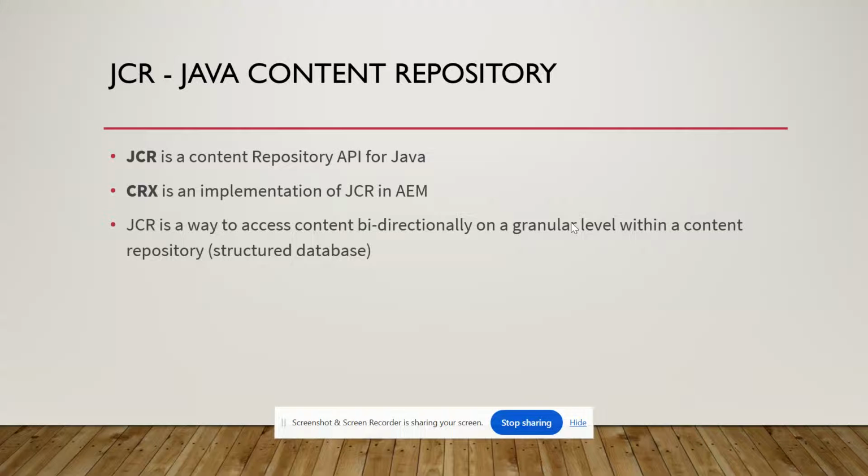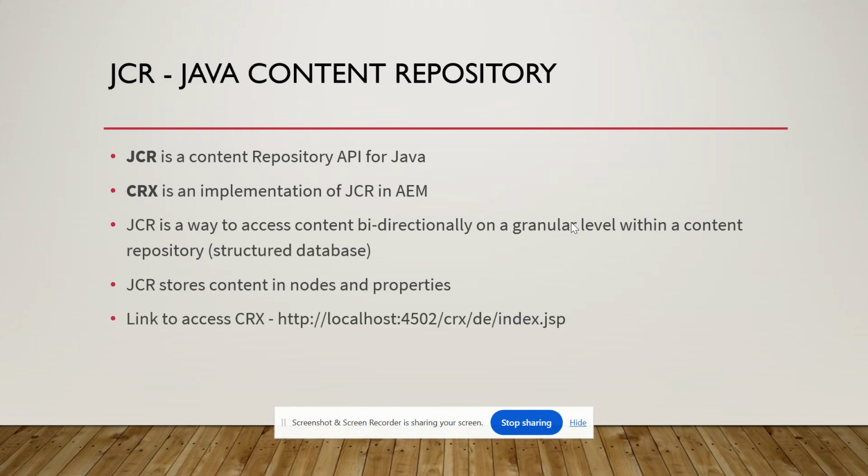JCR is a way to access content bidirectionally on a granular level within a content repository. That is a structured database in short. JCR stores the content in nodes and properties. The link to access the CRX is this. So basically the Java content repository in AEM is CRX.